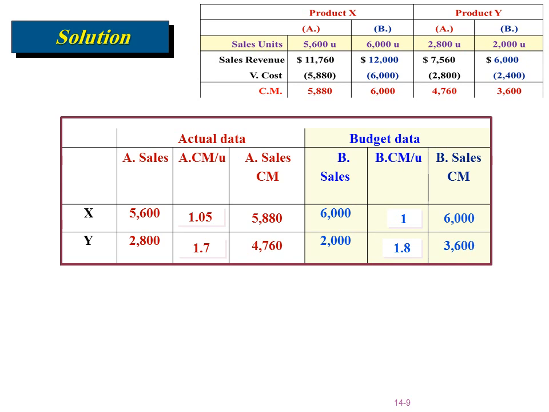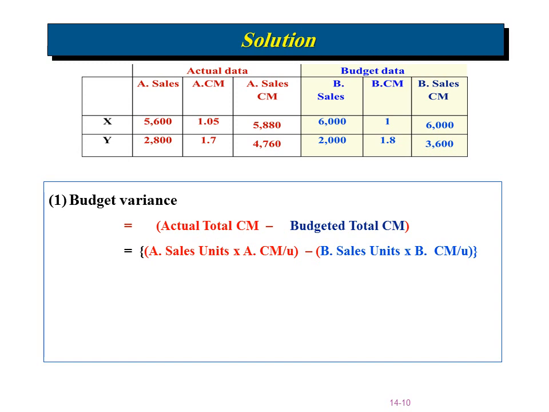If I have this table and I complete all calculations of this table, I can start analyzing sales variances using contribution margin. Okay, the first variance is budget variance. How to calculate budget variance?